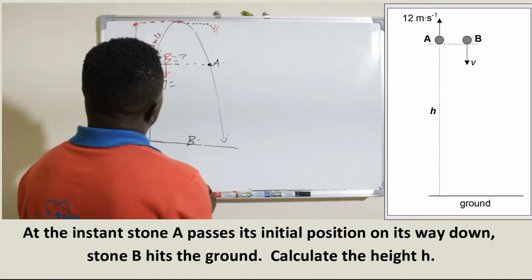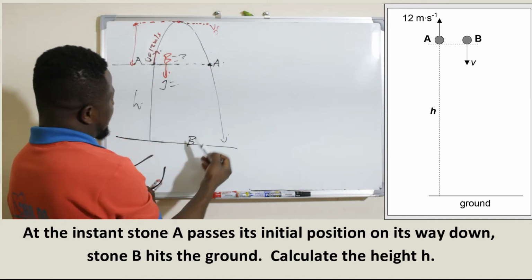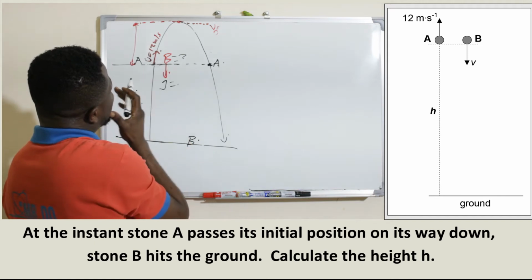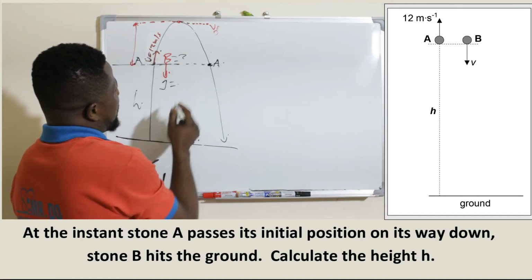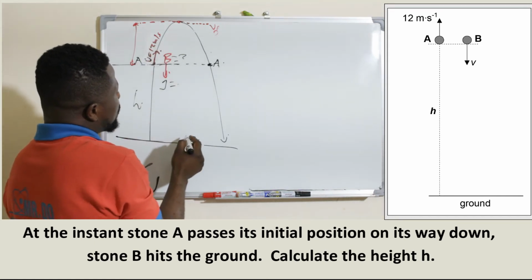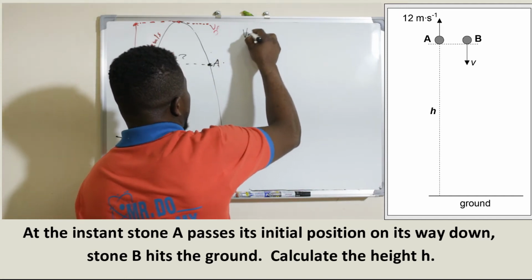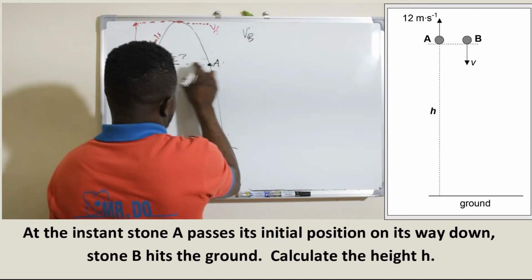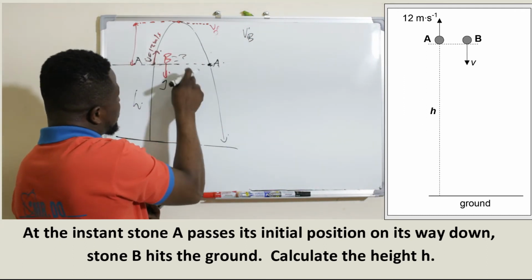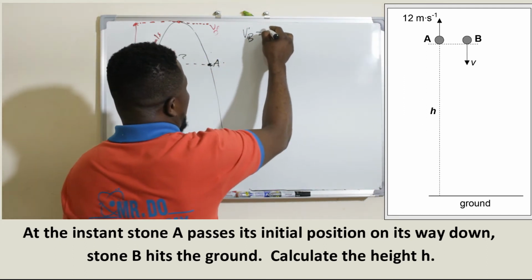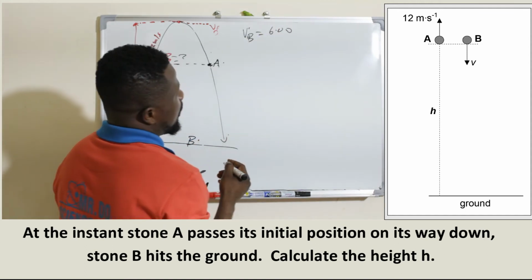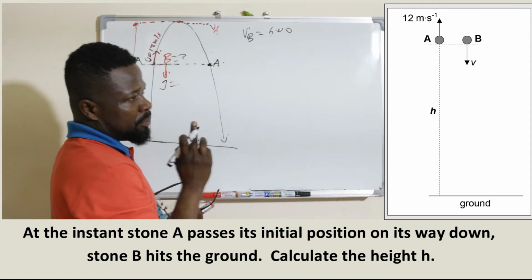And now, because at that point where it has reached, we have already calculated the velocity of B, we got the velocity of B, which is the initial one because now A is in the initial position of B, to be 6.00. This is just the approximated value.